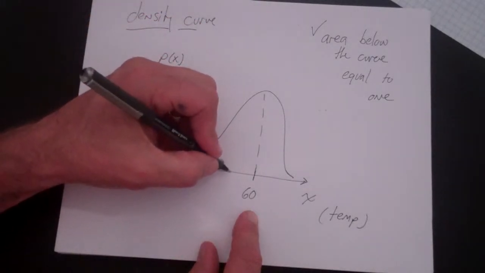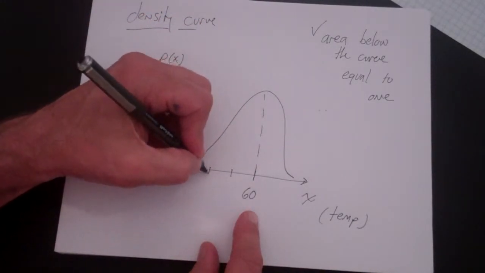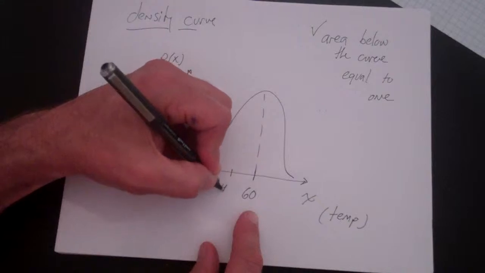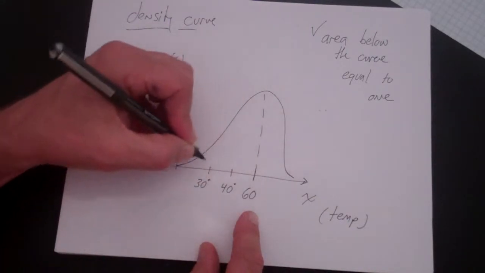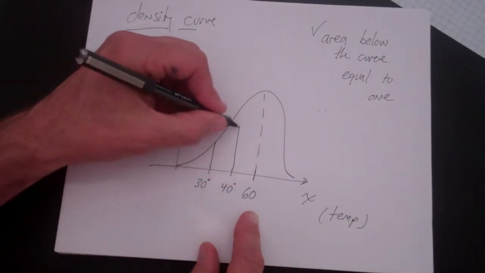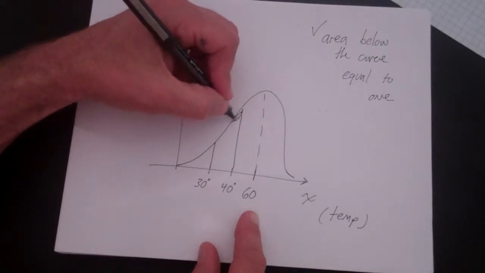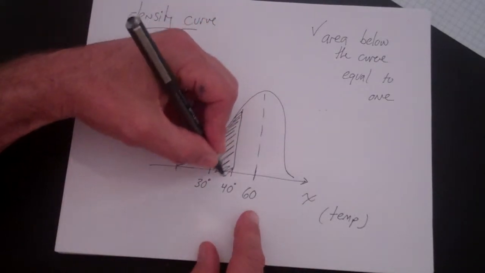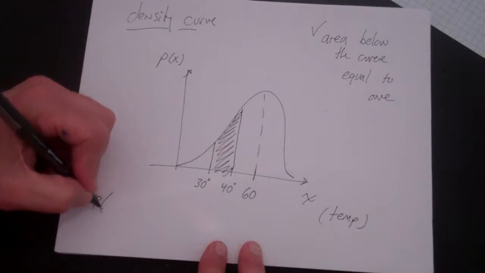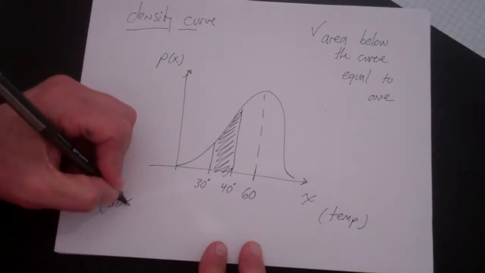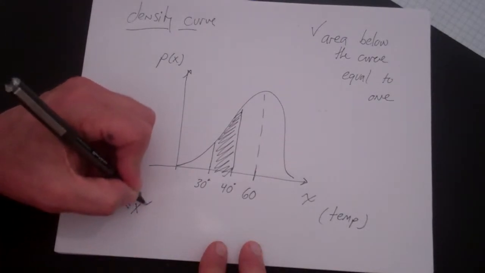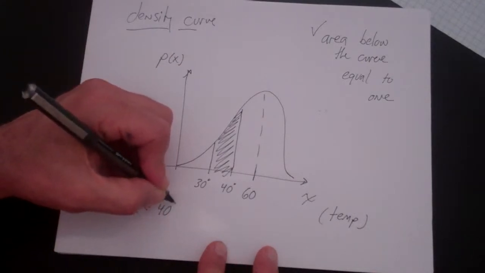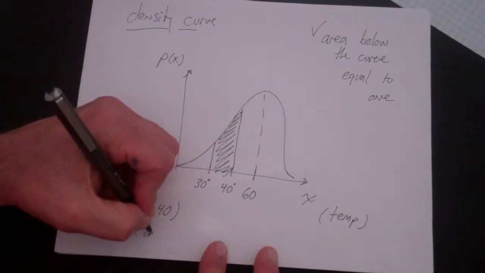And then the key here is, let's say we wanted to find the probability of being between 30 and 40 degrees in this case. So we write that the probability that x is between 30 and 40 is equal to the shaded area.